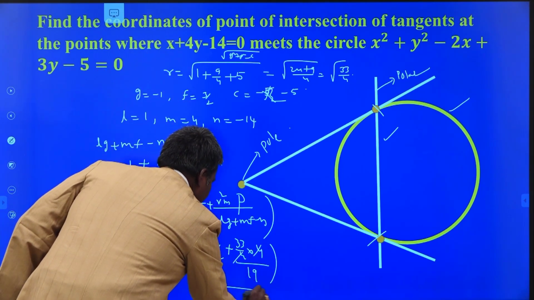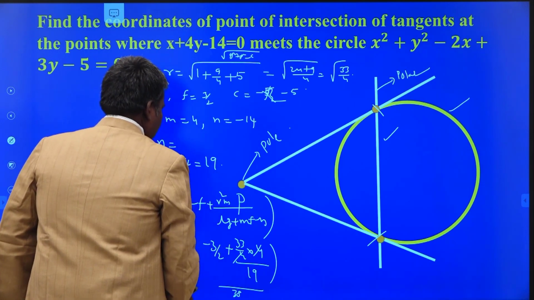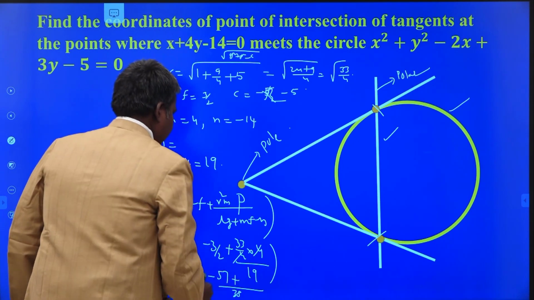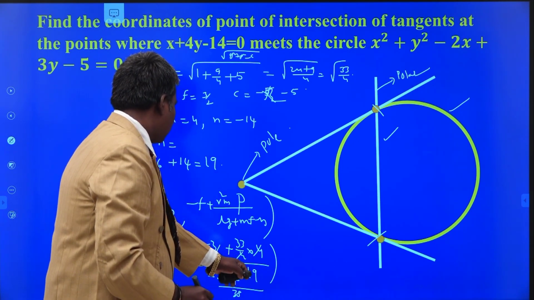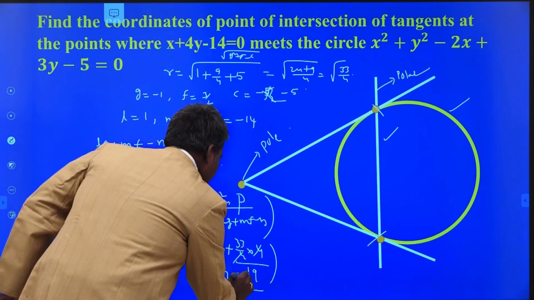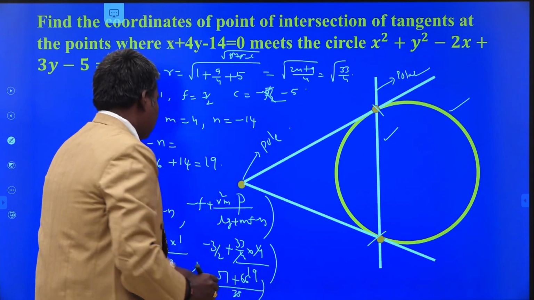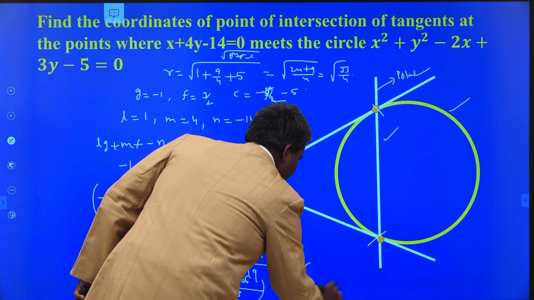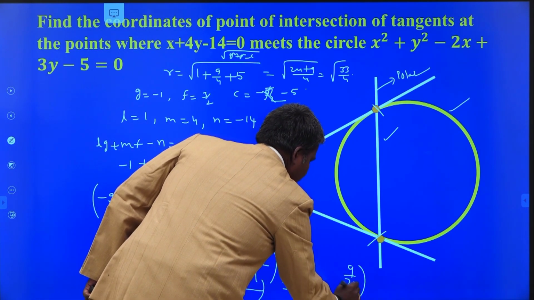The LCM is 38. That is 19 threes is minus 57, plus this is 33 twos is 66. This is nothing but 9 by 38. The y coordinate is 9 by 38.